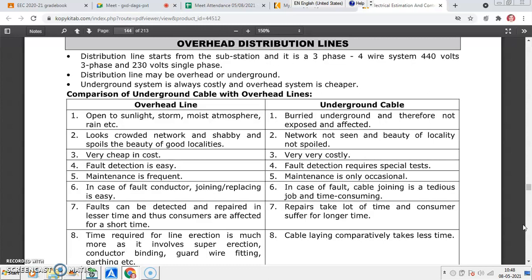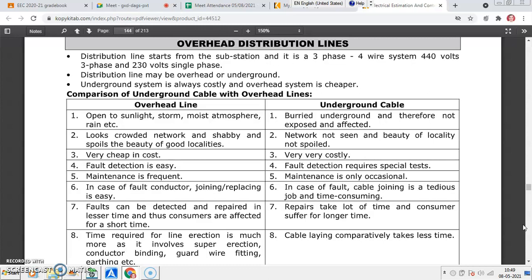Then maintenance. Normally, if you consider maintenance in overhead, because the overhead system is mostly open to atmospheric conditions, storm is there, sunlight, heating, contracting, then cold, wind, moisture, rain is there.